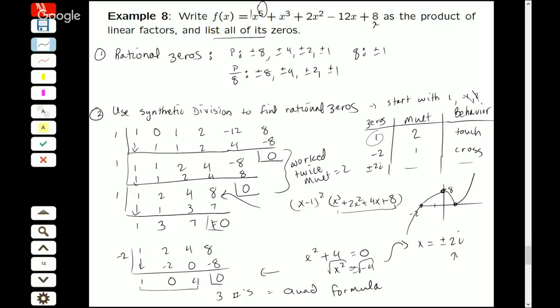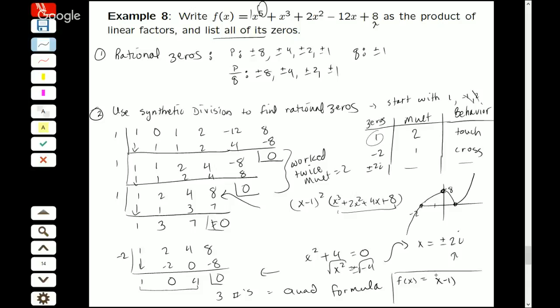It seems easy enough. We're going to do another one. You need practice. Notice it said list this as linear factors. They wanted this written as linear factors, so I actually have to write this answer. I graphed it because that's where I'm headed. But let's write this answer.